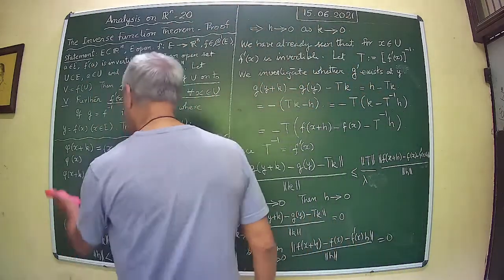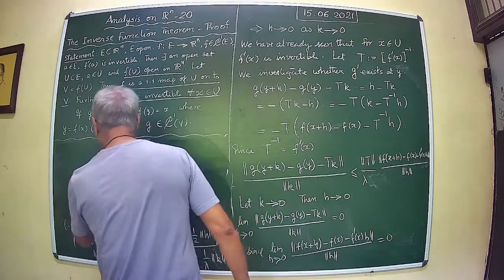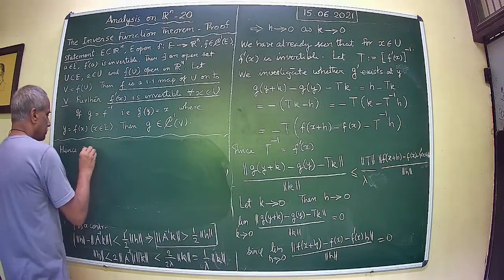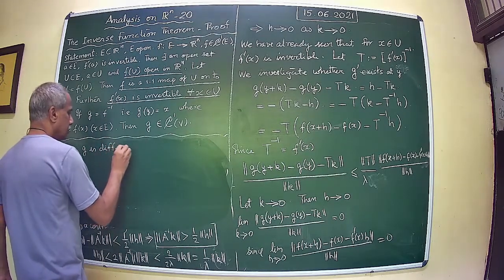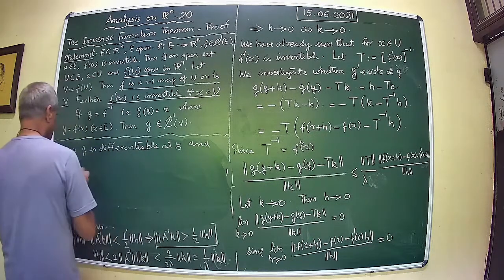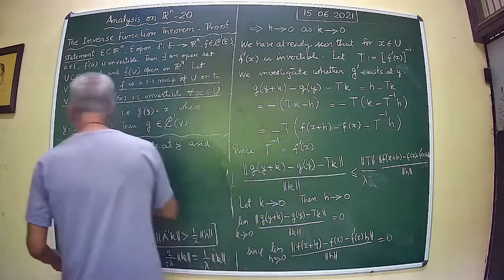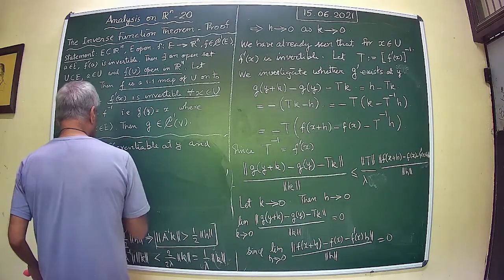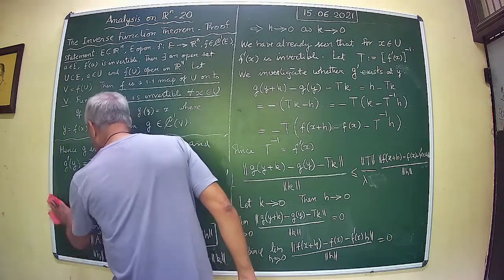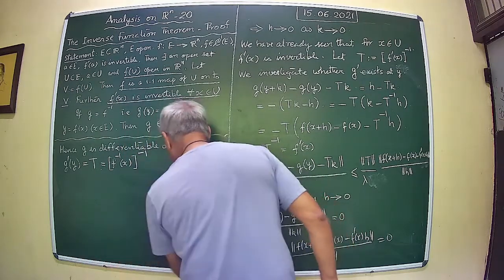That's the conclusion that we make. So g is differentiable at y and the derivative is given by t.